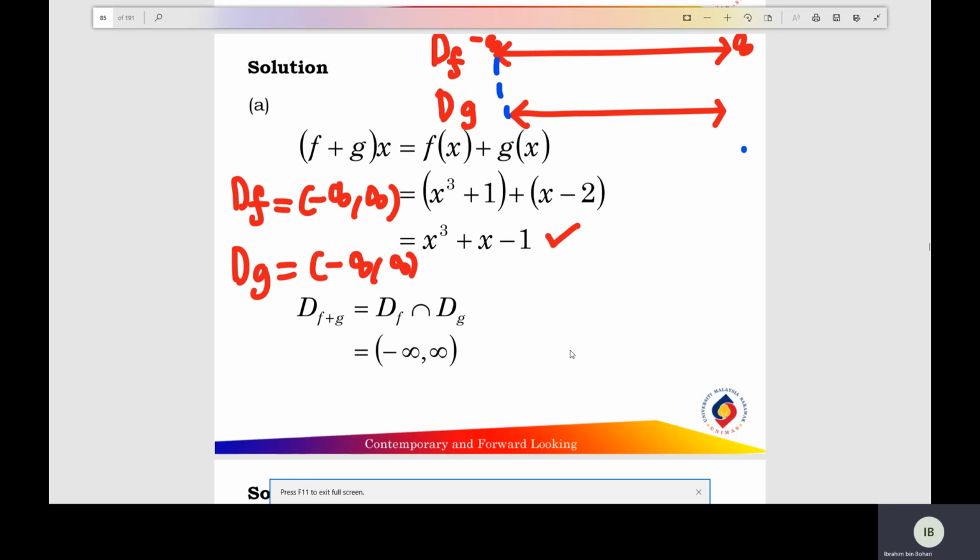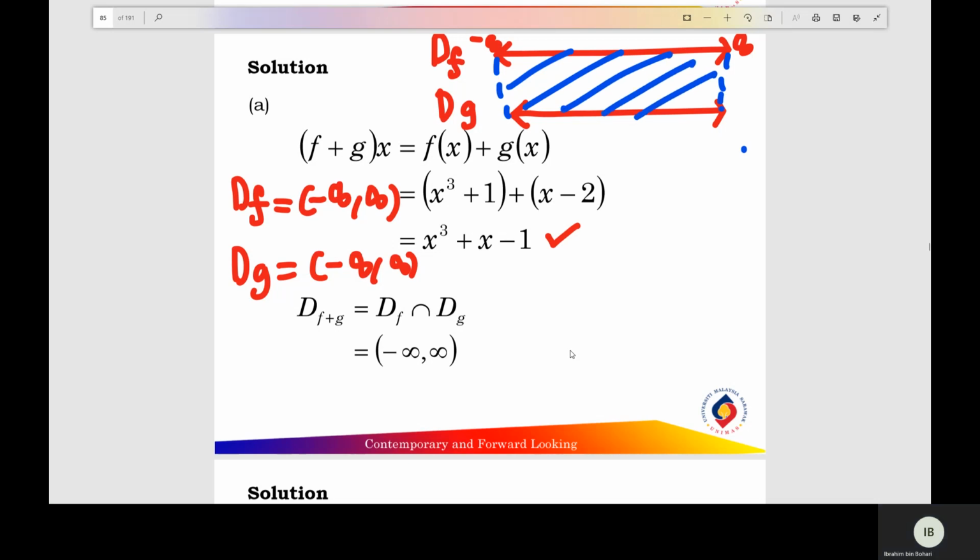So this intersects for all the real numbers. And then the answer, domain of f plus g equals domain of f intersect domain of g, and the conclusion is negative infinity to positive infinity.